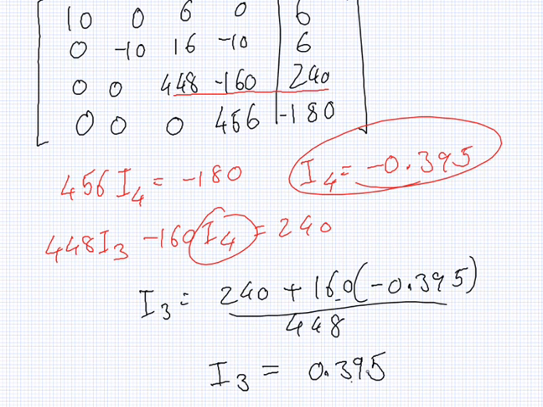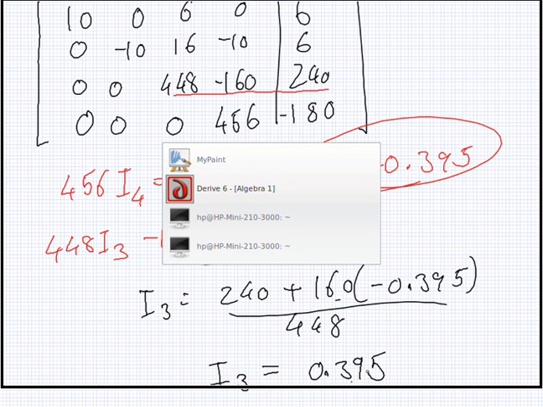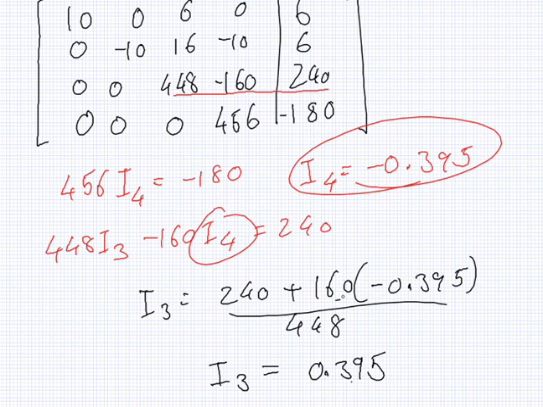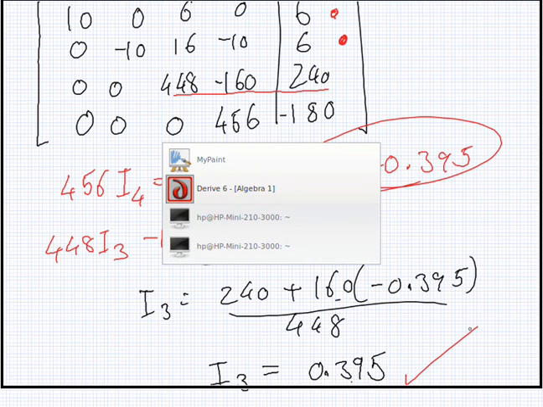Just check it, because maybe I made a mistake. For I3? And you get the idea. Then you do the same thing here. They just want I3 in the question, so we're actually finished.